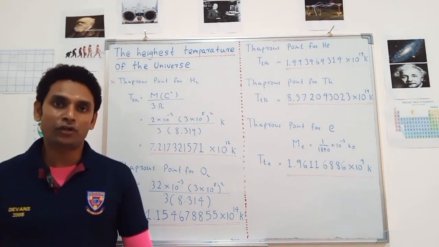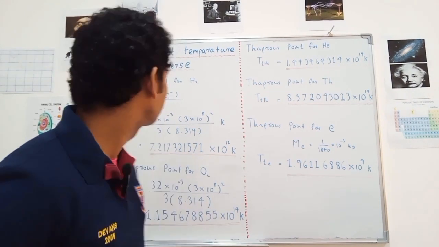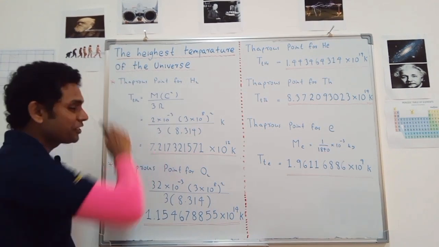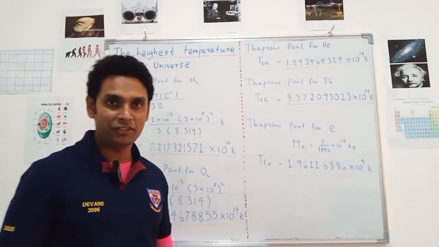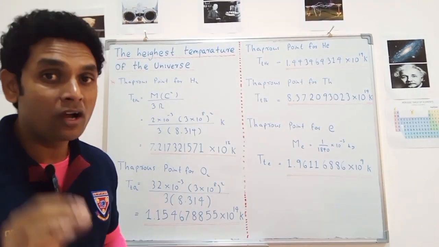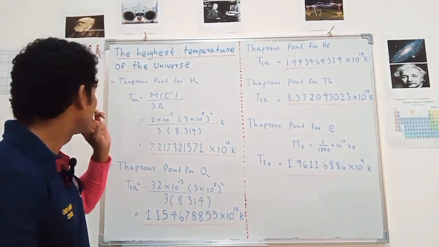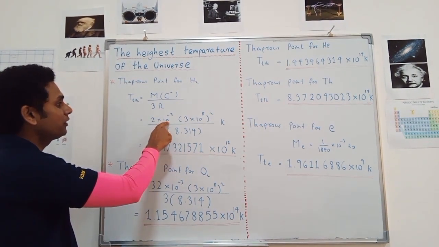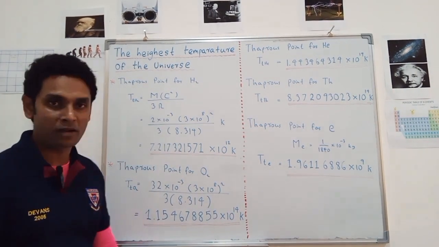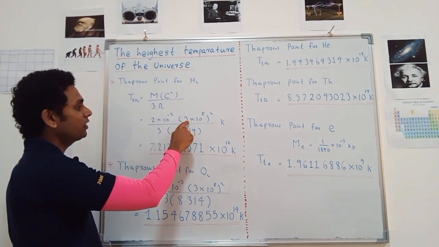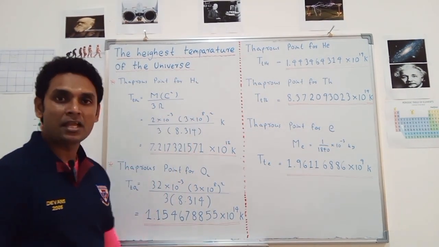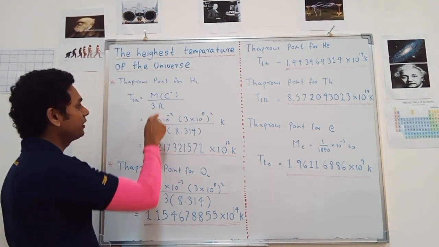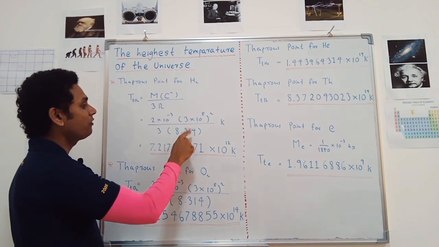Okay, now we are going to calculate some temperature points, the highest temperatures of the universe. First, for hydrogen gas, H2: the molar mass of hydrogen gas is 2 times 10 to the power minus 3 kilograms per mole, and the speed of light is 3 multiplied by 10 to the power 8 meters per second, divided by 3 times R, where R is 8.314.